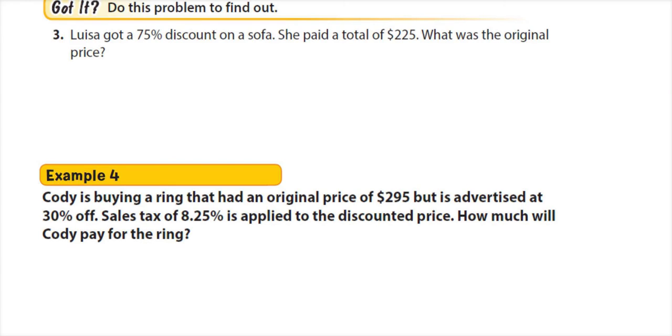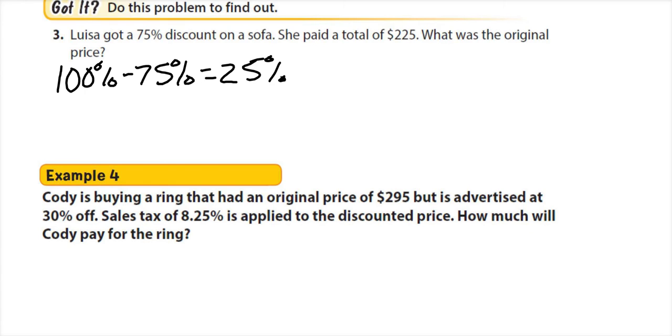So again, if we had 75%, we would start with 100%. We're going to take off 75%, which means she really only paid 25%. Okay, her 75% discount meant she only paid 25%. So then we're going to divide that out.